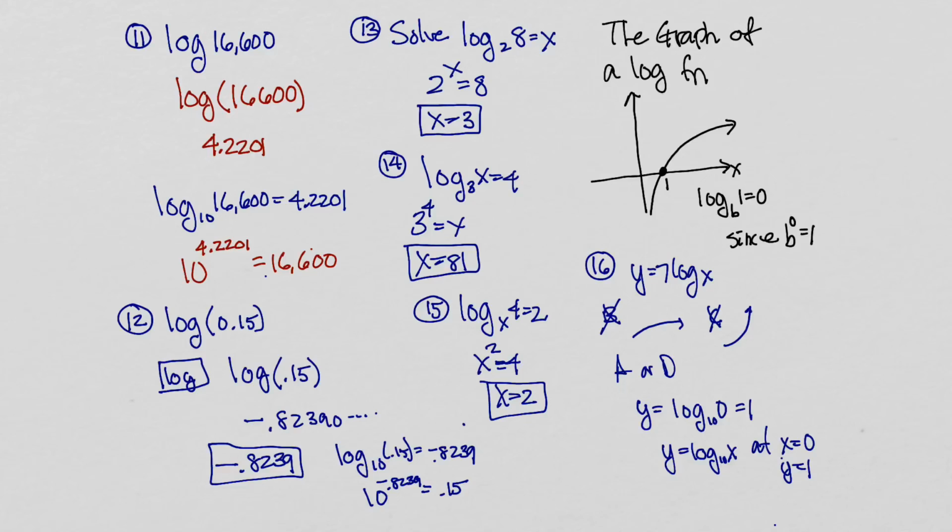But what we have is 7 times that. We have 7 times that 1. So we're looking at y equaling 7. So look at your graphs and see if one of these, a or d, seems to pass through 7. Your graphs are probably going to be different because these problems pop up differently every time, but mine is going to be graph A.